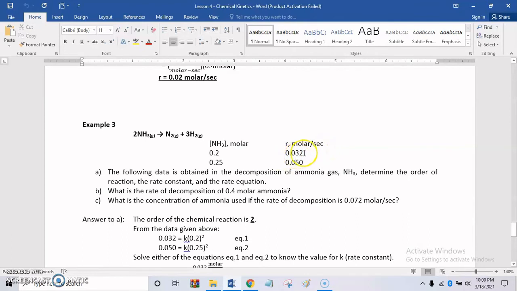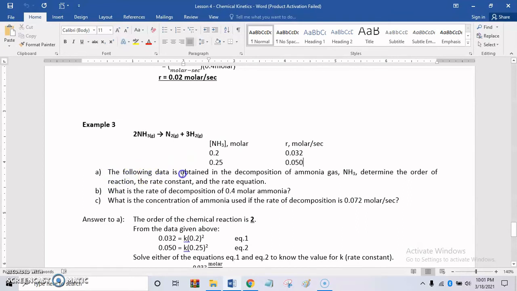With 0.2 concentration, the R is 0.032. And with 0.25 concentration of NH3, the R is 0.05. From that data alone, we can get what is asked.